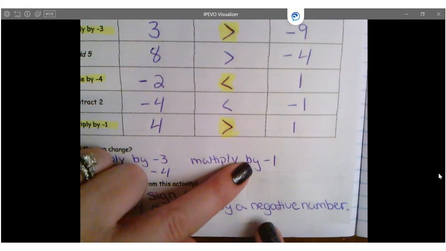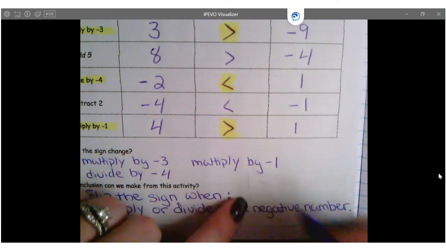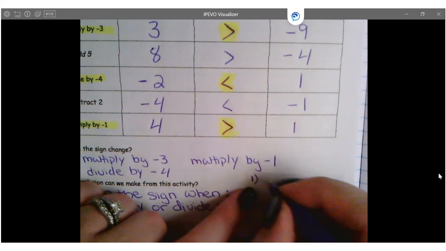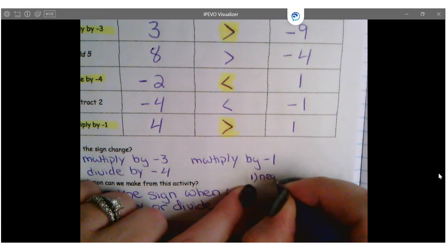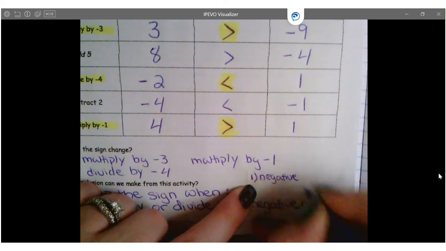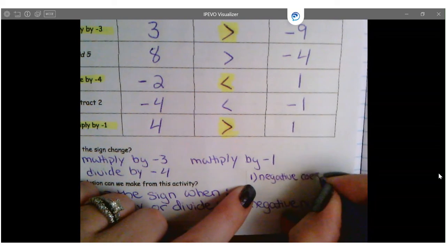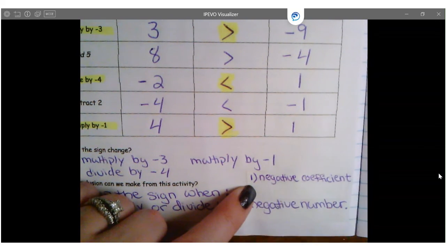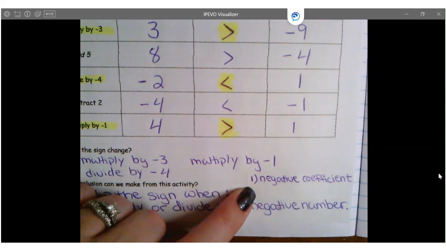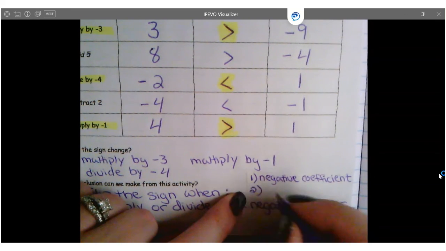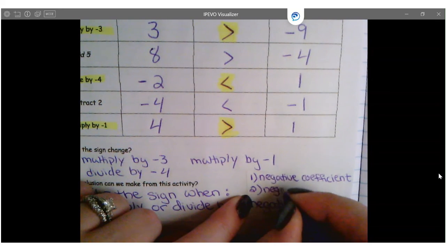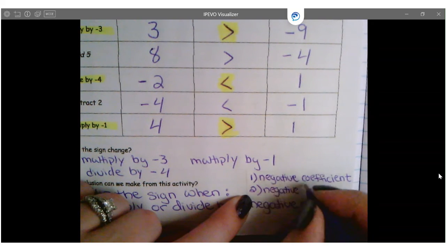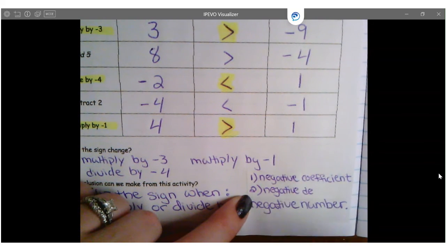So basically, the times you would end up multiplying or dividing by a negative number is if you start with a negative coefficient, because that would require you to divide by a negative number if you had a negative coefficient in front of your variable, or if you had a negative denominator, because that would require you to multiply by a negative number.